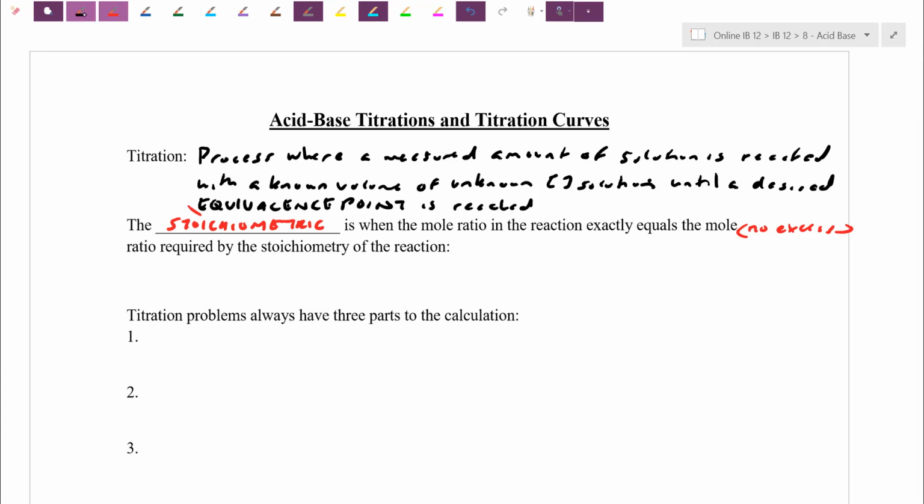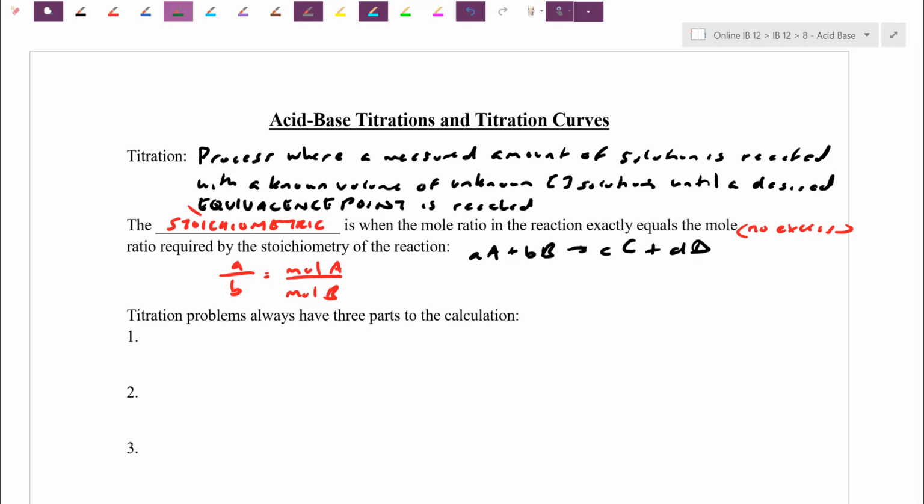So if I have a generic equation here, let's say aA + bB becomes cC + dD. If the mole ratio wasn't 1 to 1, let's do the ratio between, let's say, A over B. What is that coefficient ratio? And what we have is moles of the chemical A that I dropped in is going to match up with moles of chemical B. Not necessarily equal, because the mole ratio is not always 1 to 1.